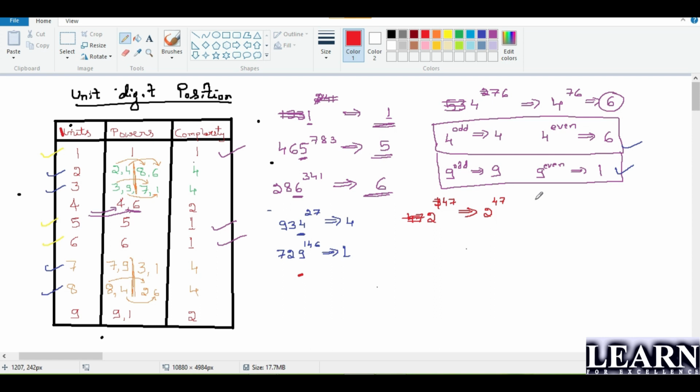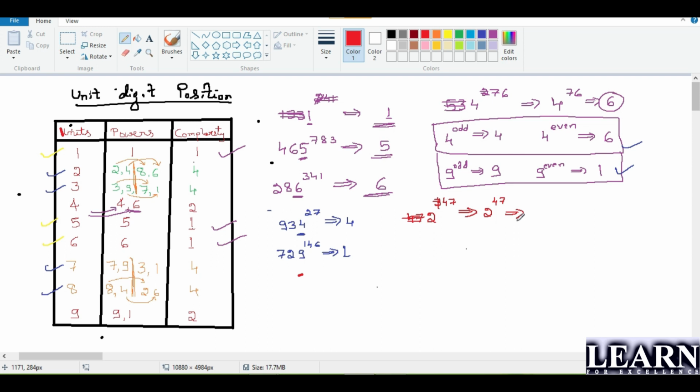We need to divide the power by 4, and we have to take out the remainder. Other numbers we can just ignore. So what are those numbers which have a complexity of 4? That is nothing but numbers ending with 2, numbers ending with 3, numbers ending with 7, and numbers ending with 8. So I can take it as 2 to the power of 47.